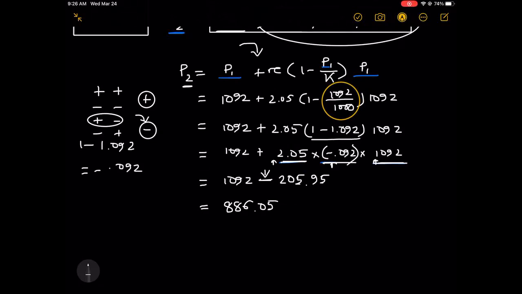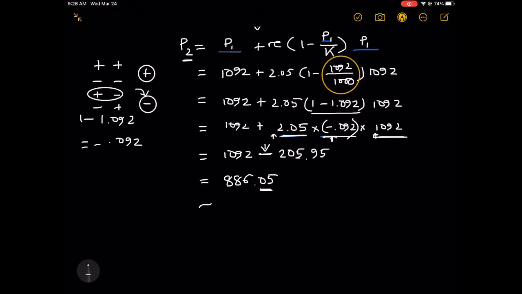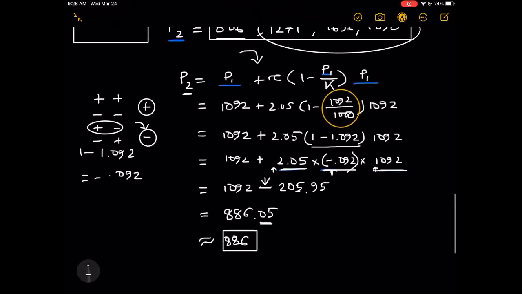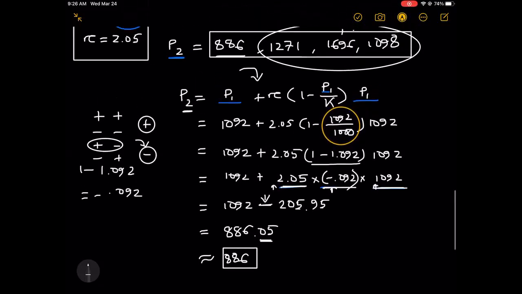If we round it to the nearest whole number, since it's less than half, we can say it's 886. Is there anyone who still has doubts? I'm more than happy to rediscuss it. Anyone else?